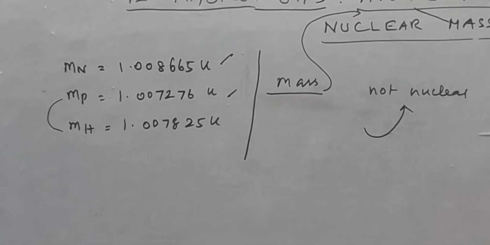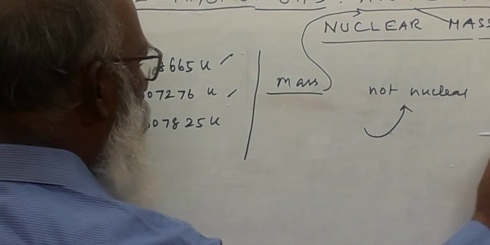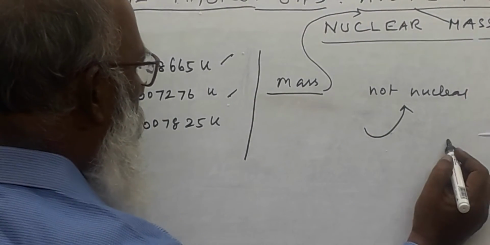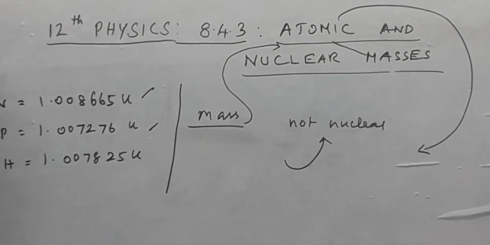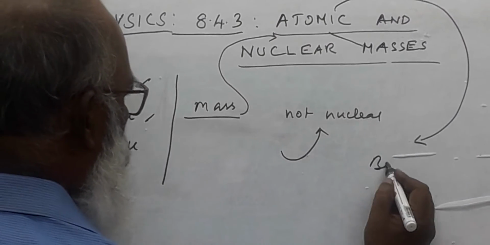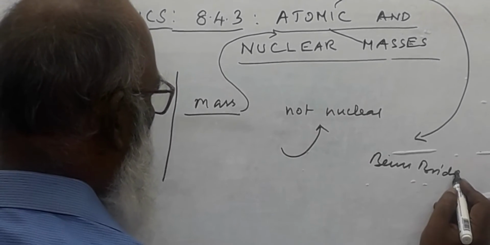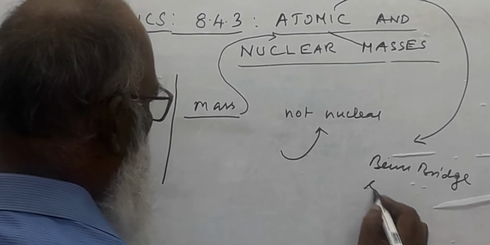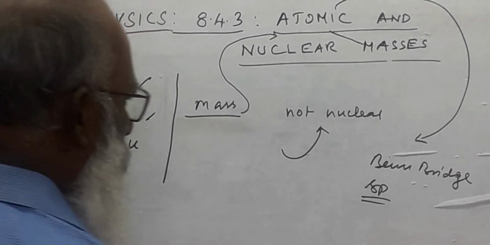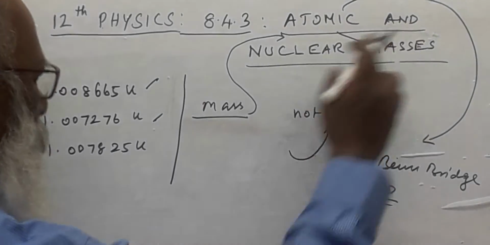You have to understand. Okay. Then what is the instrument that we utilize to find the value of atomic mass? The Bainbridge spectrometer. This is the instrument that we utilize to calculate the atomic masses.